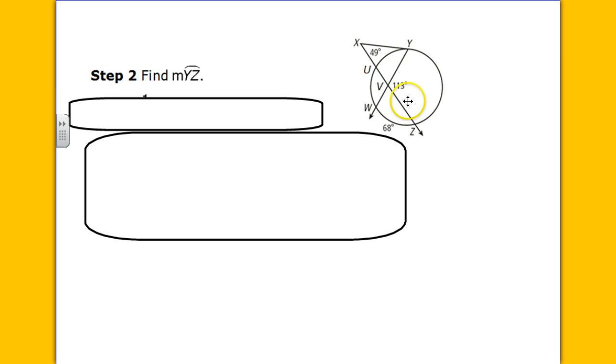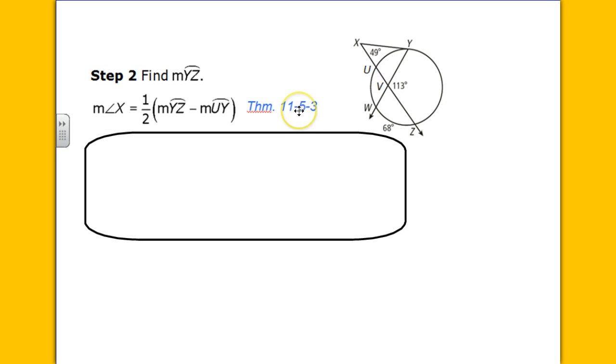So this tangent and this secant are meeting out here, and we have this minor arc here and a major arc there. So using what we just learned, we know that 49 would be half of the difference of the major arc minus the measure of UY. And we just found UY, so we can use that information to find YZ.